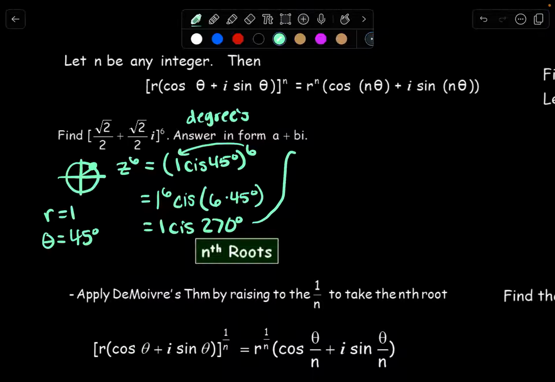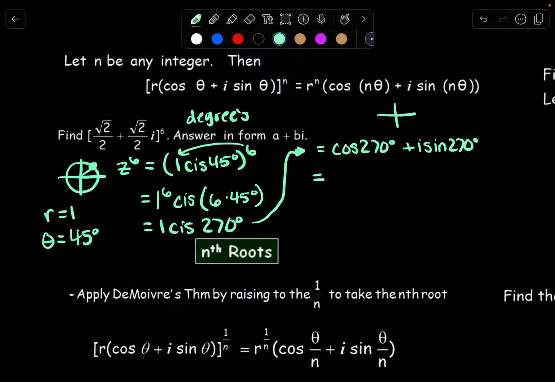Now, we have the solution in trig form, but we need to convert back to rectangular form, a plus bi form. So to do this quickly, I'm going to go ahead and expand my CIS. So we'll have cosine 270 degrees plus i sine of 270 degrees. Now, if you recall from a previous video, to convert from trig to rectangular, all we do is evaluate.